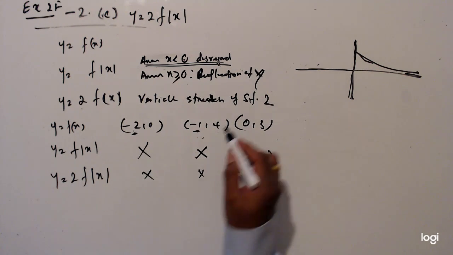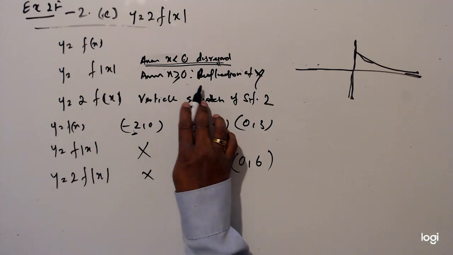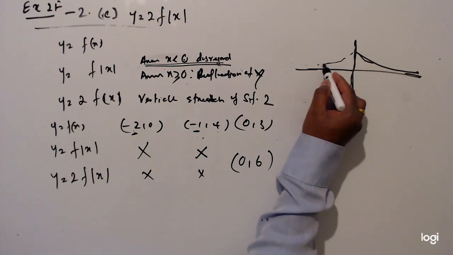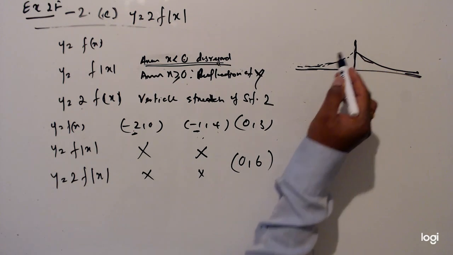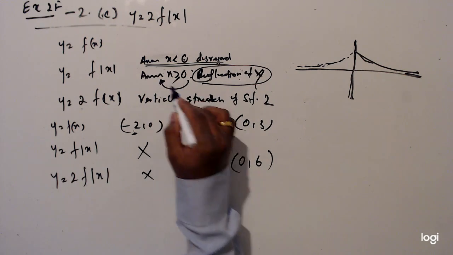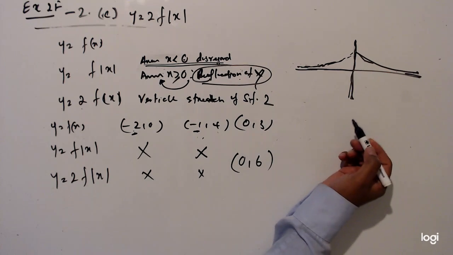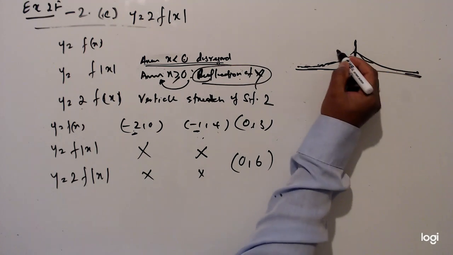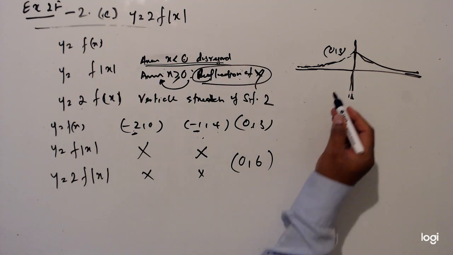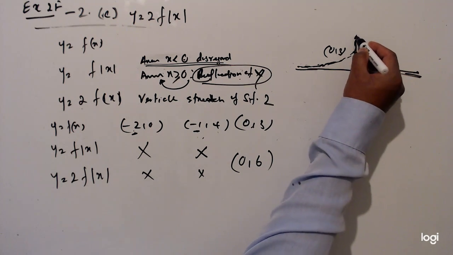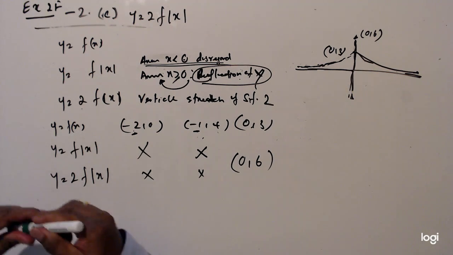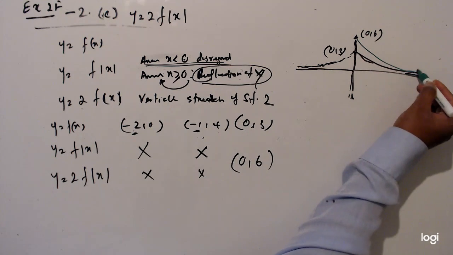Then take the mirror reflection of the area greater than 0, so we have to reflect that one on the y-axis. So it is this one. Now this point is (0, 3). Now we have to stretch this one, which means it becomes (0, 6). So the graph is going to be something like this.